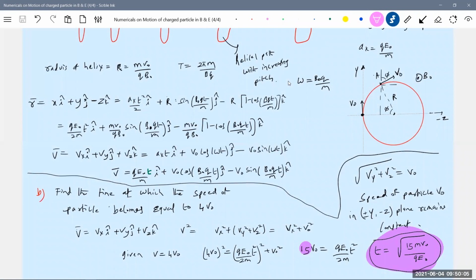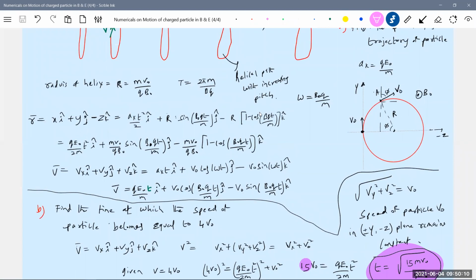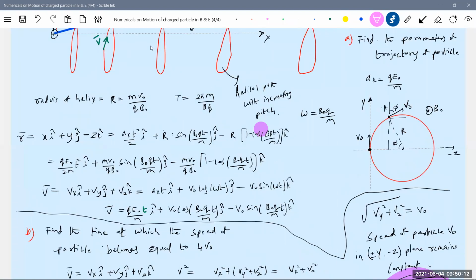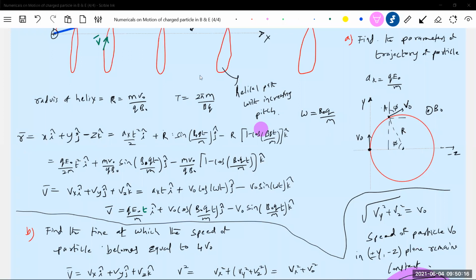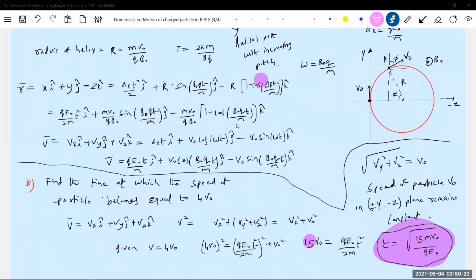Now, after this, when the particle is crossing the x-axis, just once, I'll go for the next part of the discussion. Somebody's telling 30. Oh, yeah.